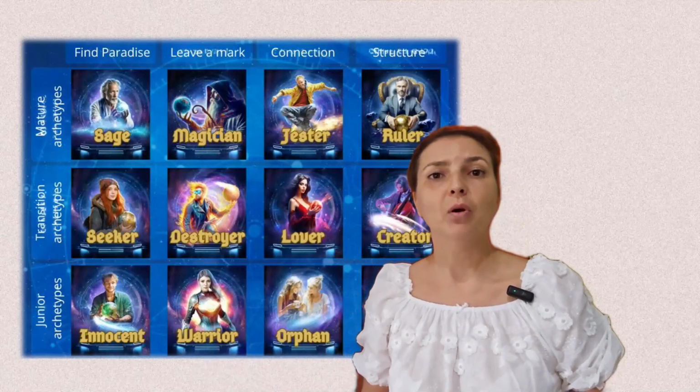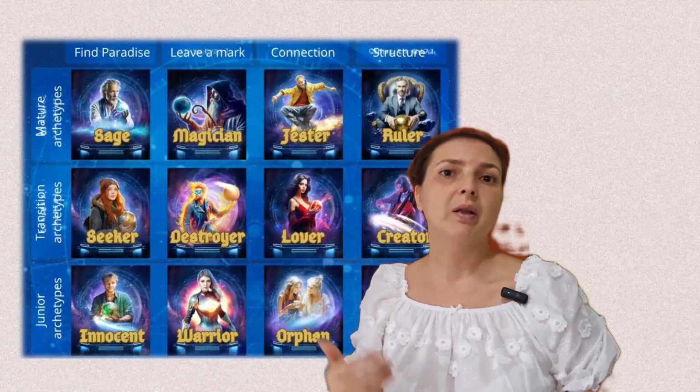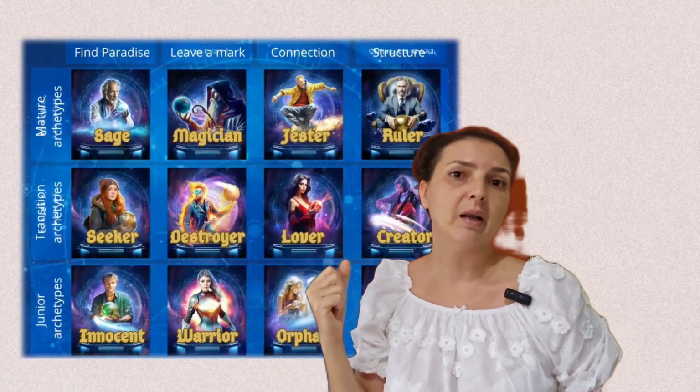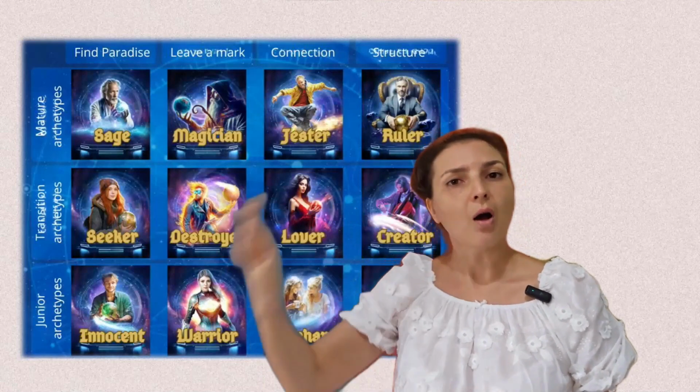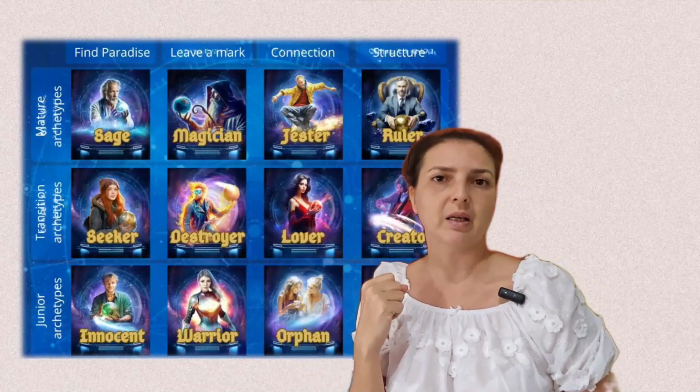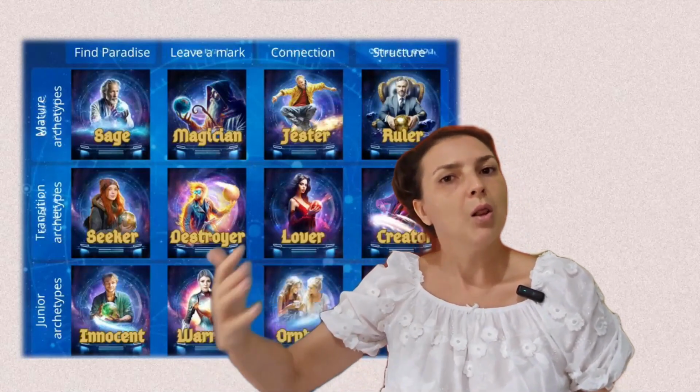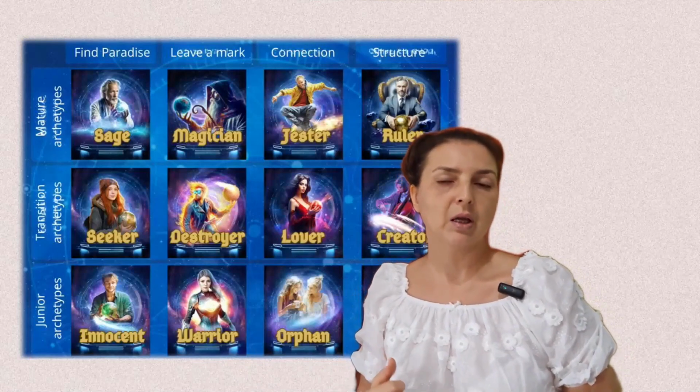But eventually, even novelty isn't enough. That's when the sage appears. Instead of seeking, we start studying. The sage doesn't look outward, but inward, asking, what are the laws of this world? What is the logic behind things?